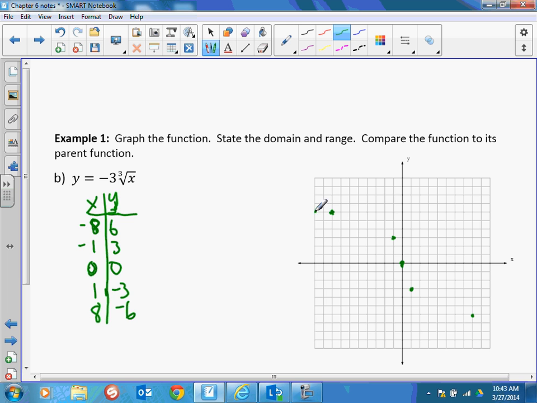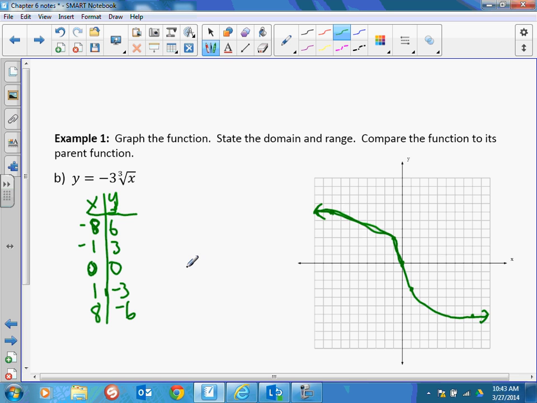Okay, so I'll try and draw this the best I can. Should be about more of a curve right here. Okay, not great, but close enough.